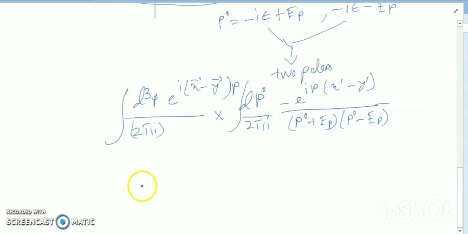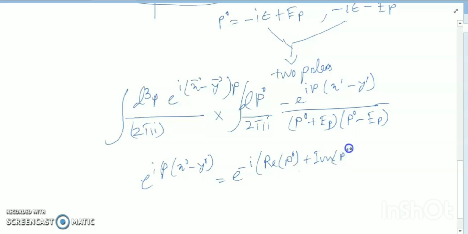So e to the power i p0 can be written as e to the power i p·(x0 − y0). It can be written as e to the power minus i, and p0 can be written as real p0 plus imaginary p0, into x0 minus y0.